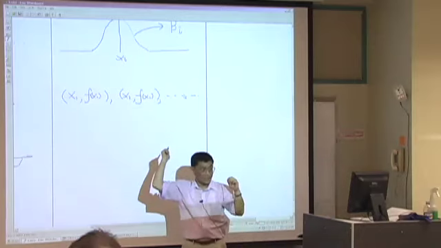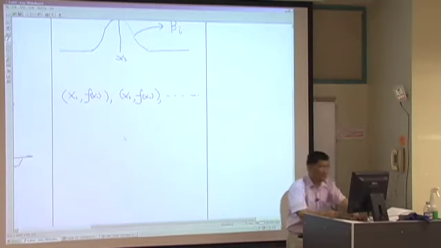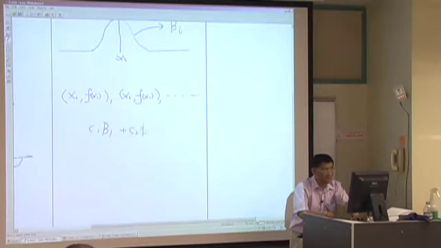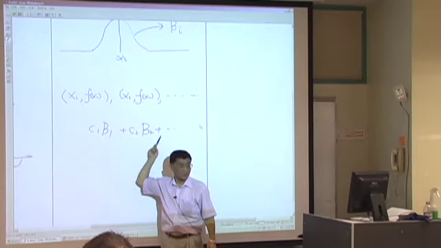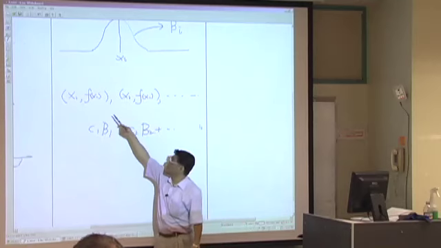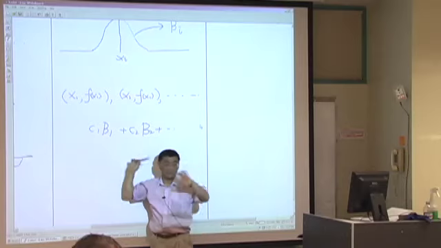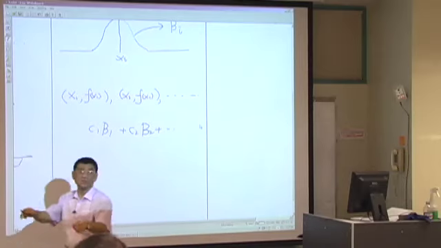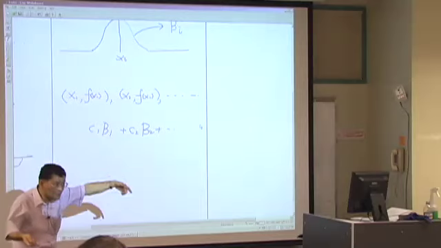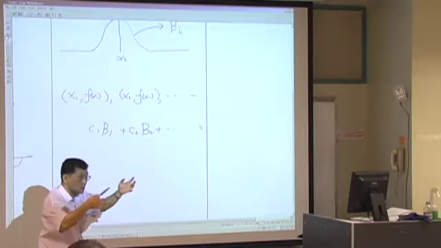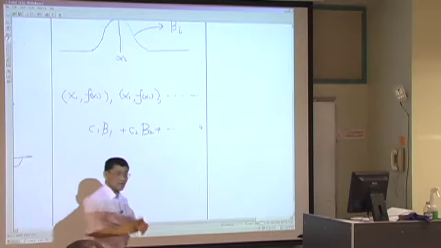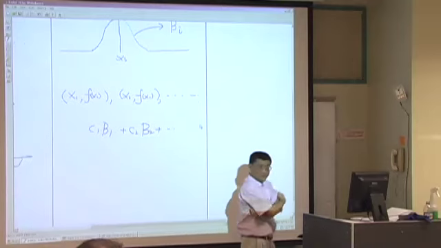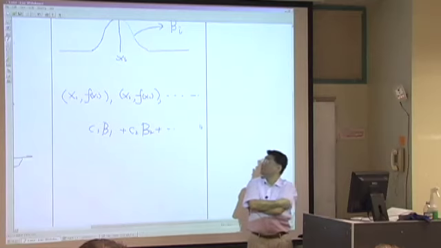Then you assemble these splines, B1, C1, B2, C2, and so on, and then determine C1, C2, and so on by using these conditions. This is nothing but solving a linear system. By solving a linear system, you can determine C1 up to C something. Then by using C1 up to C something with the spline function that you define, you can plot the spline, or you can calculate the value. So roughly this is it for the B-spline.